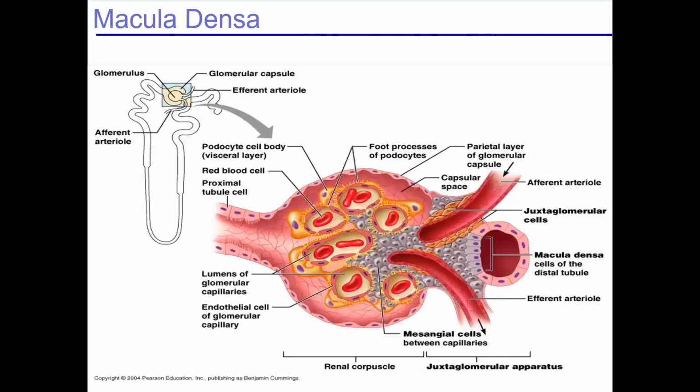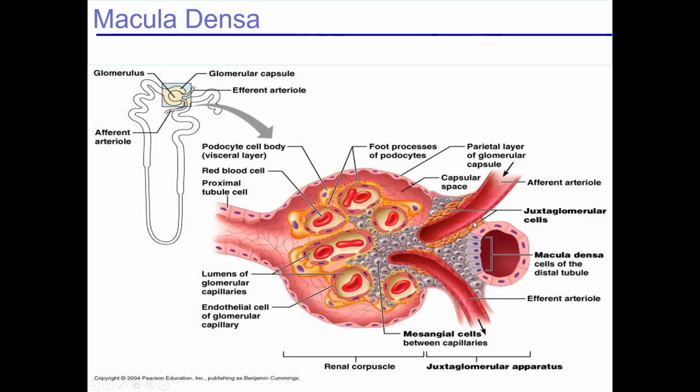Now, this is the macula densa right here. There's the distal tubule cells. This is distal tubule. These are the juxtaglomerular cells surrounding the afferent arteriole and maybe a little bit the efferent arteriole. Here is the macula densa region right here.